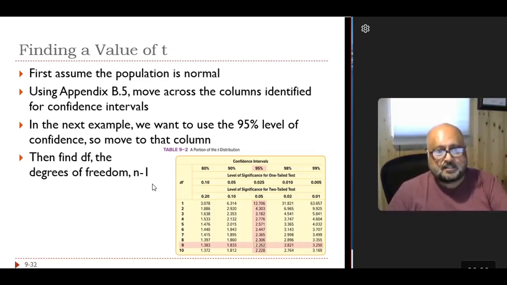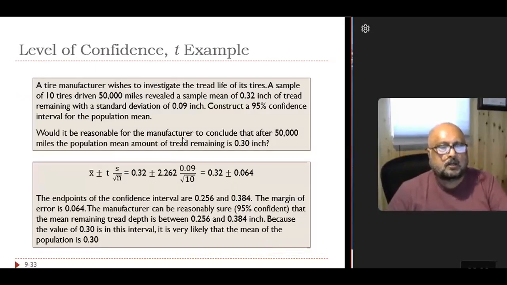Let's say the sample size is 10. So 10-1 is 9. This table is available online or in statistics books. So 9, and we have 95% confidence we are looking for. So we go and find the cell here. So 2.262, right? We can use this value in the upcoming question here.